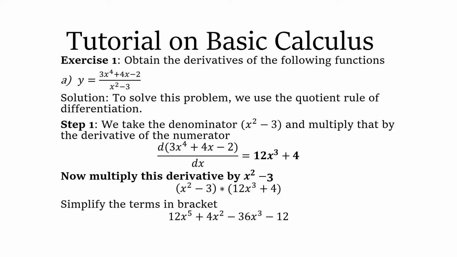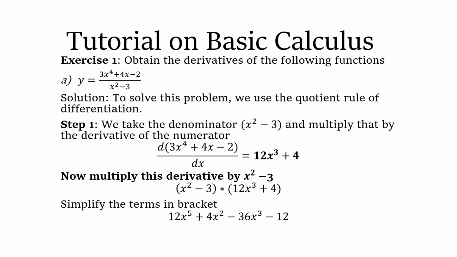In step 1, we need to multiply the denominator, whatever is in the denominator, by the derivative of the numerator. Listen, whatever is in the denominator is multiplied by the derivative of the numerator. That is step 1. And then when you are done, you simplify and get the result. So that is what we are doing here.